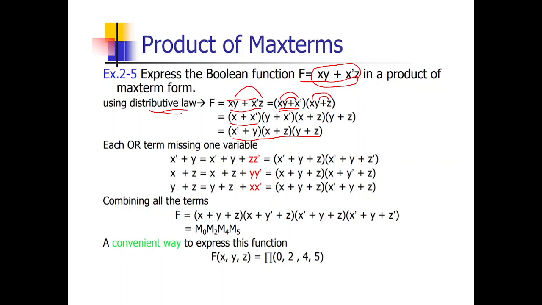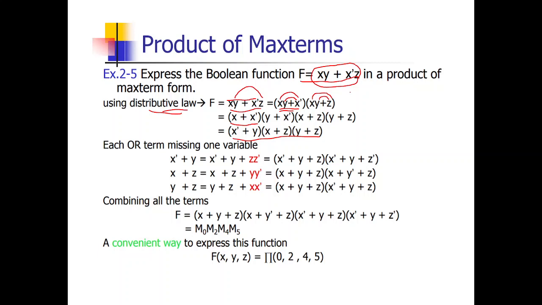And we can express this as f of xyz equal to pi of 0, 2, 4, 5. If the Boolean function is directly given as product of sum, then the conversion from product of sum to product of max terms can be performed directly.